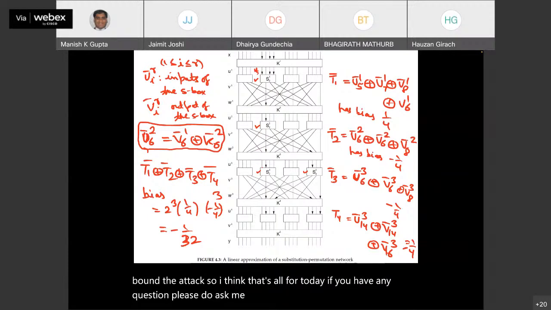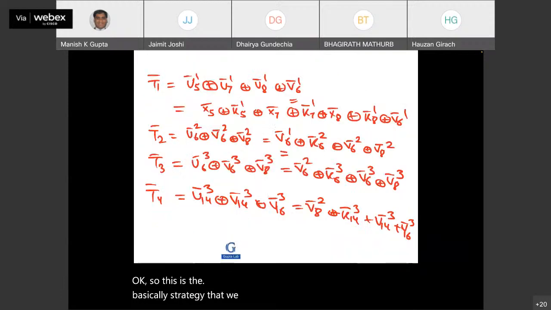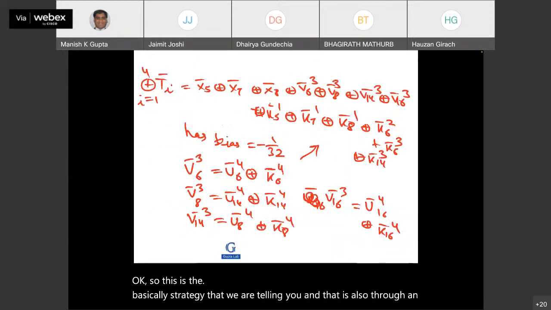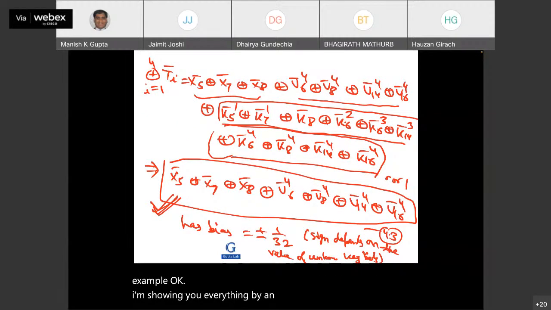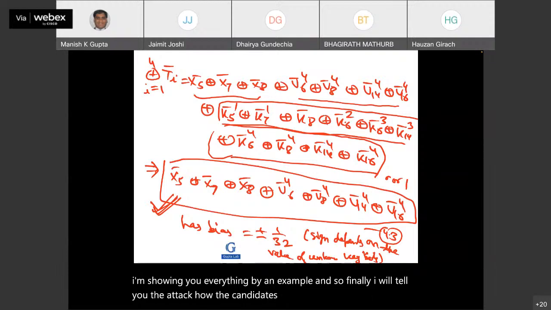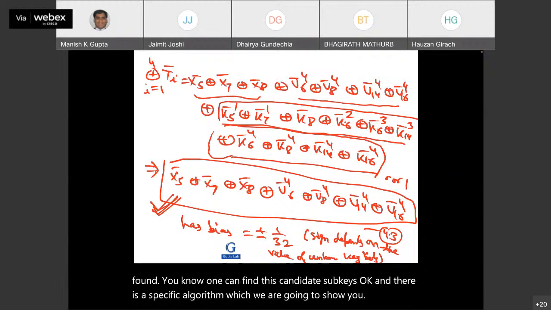So okay, this is the basic strategy that we are telling you, and that is also through an example. I'm showing you everything by an example, and finally I will tell you the attack, how one can find the candidate subkeys. There is a specific algorithm which we are going to show you in our next class.